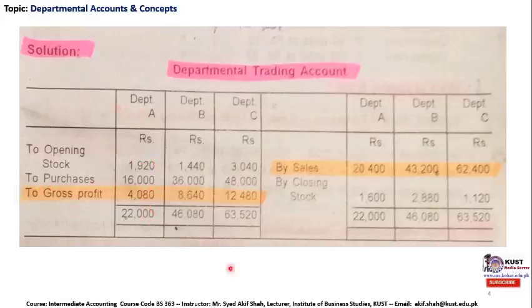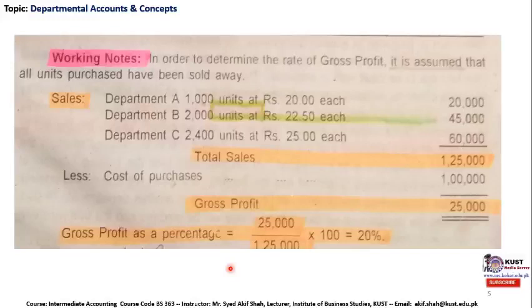Let's discuss how these values and numerical costs have been calculated. So the first step is to find out the gross profit percentage. The working consists of, in order to determine the rate of gross profit, it is assumed that all units purchased have been sold away.